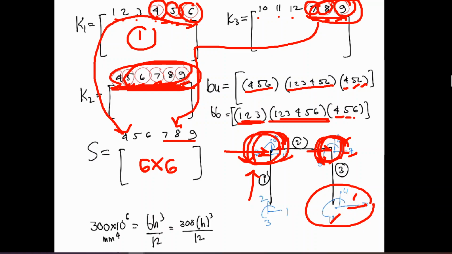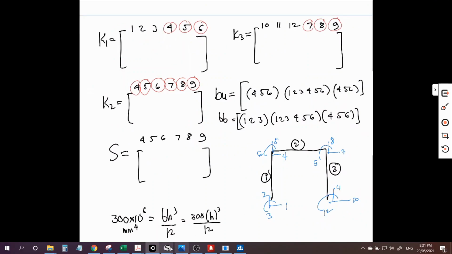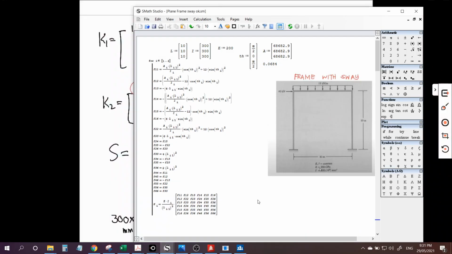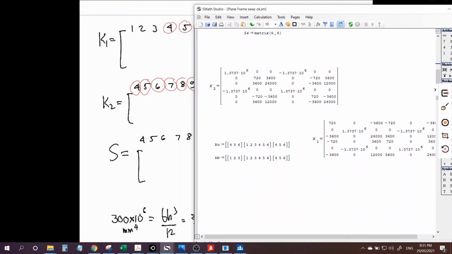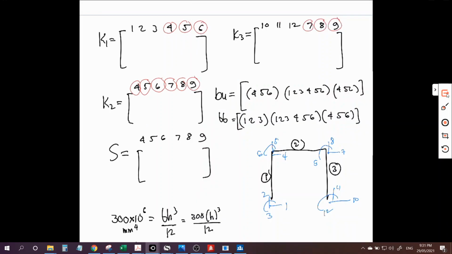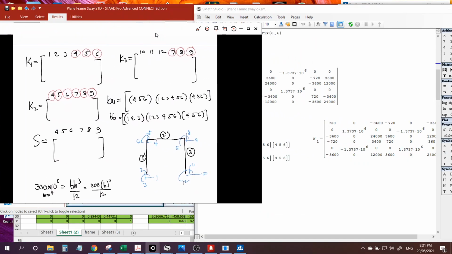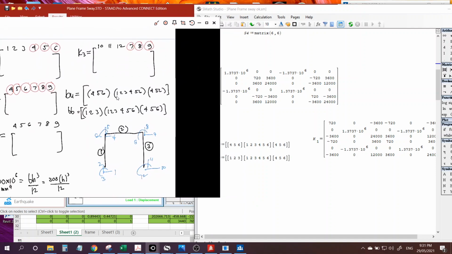So this is our BB matrix. So my null matrix is 6 by 6. Consistent.